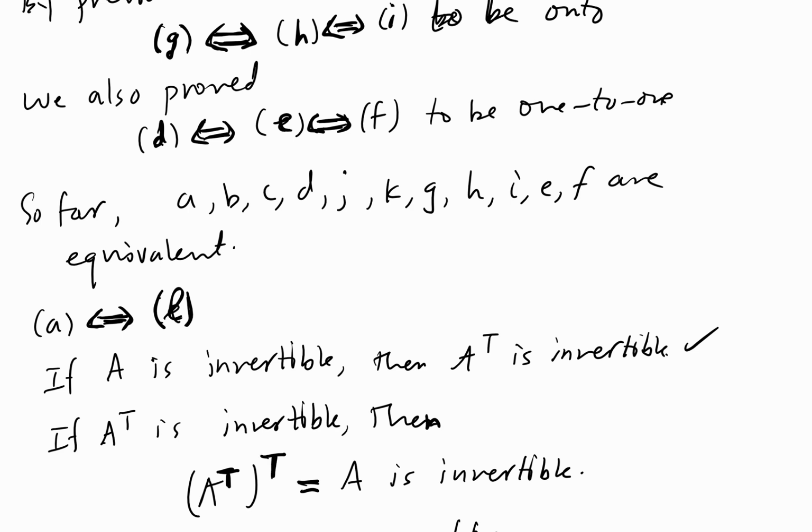If you have a matrix, let's say 1, 2, 3, 4, 5, 6, and you transpose it, what are you going to get? If you transpose it again, it's going to give you this back.